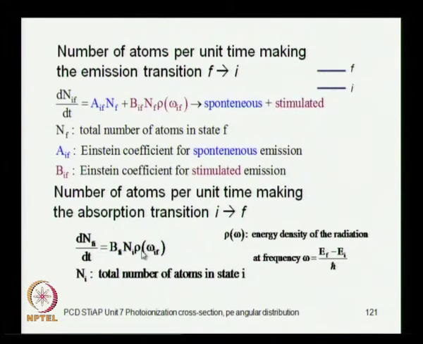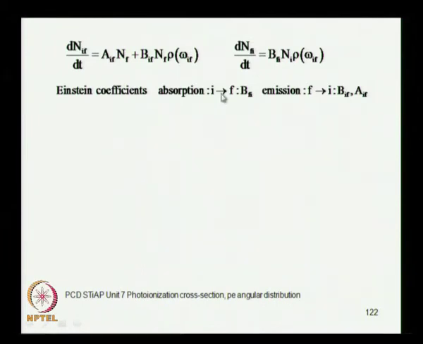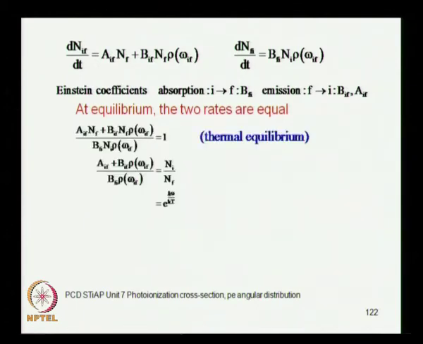Now you have these expressions for both absorption as well as emission, and if you have an equilibrium, then these two rates will necessarily be equal, right. So you just set them equal to each other, and you find that this ratio is given by the ratio of the populations, which is given by an exponential factor depending on the absolute temperature of the system.